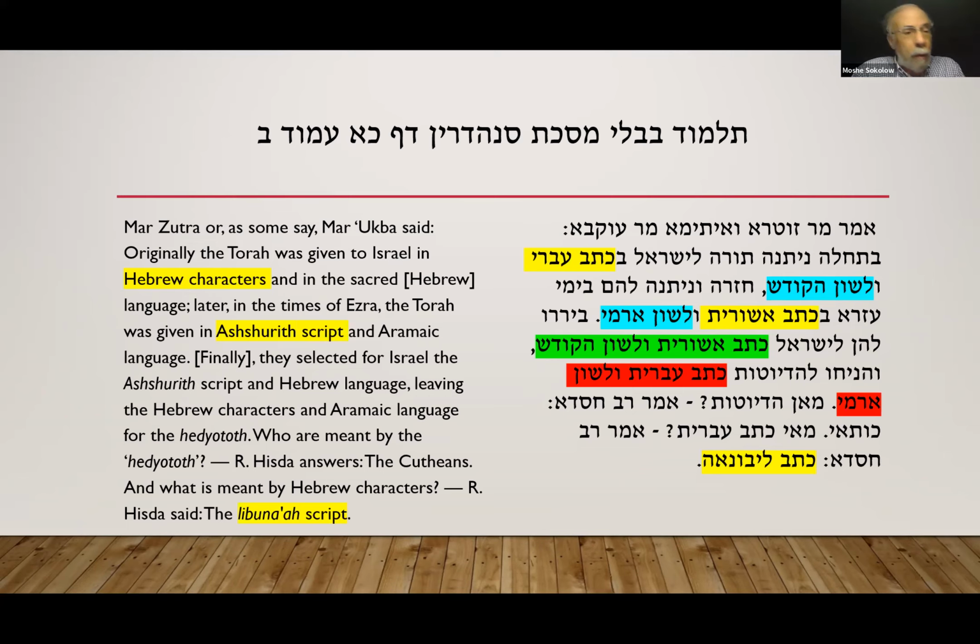Now, what happened to the older script, the alternative script called Ktav Ivri, and the alternative language called Lashon Arami?